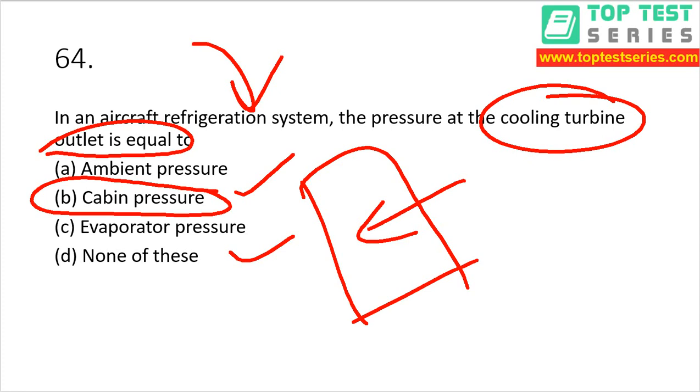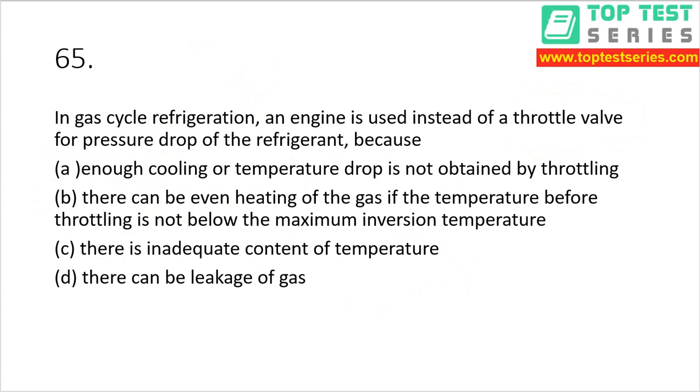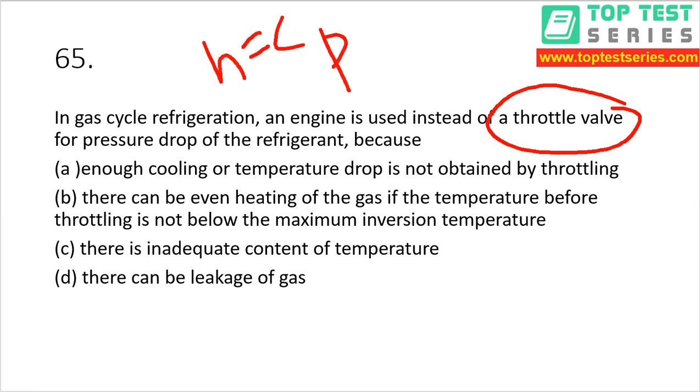Now let's move to question number 65. In gas cycle refrigeration, an engine is used instead of a throttle valve for pressure drop of the refrigerant, because, what is the function of a throttle valve? We use a throttle valve to maintain enthalpy constant and decrease the pressure of the refrigerant.